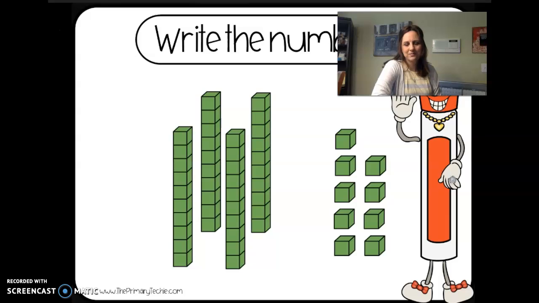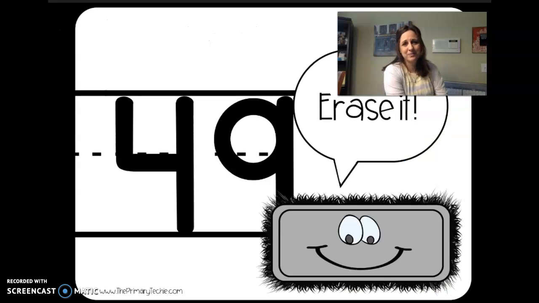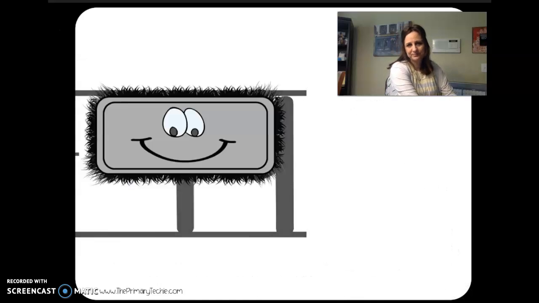Count and write. Did you get it? 49. 49. You don't even need a piece of paper and a pencil if you don't have one. You could just be shouting the answers out.